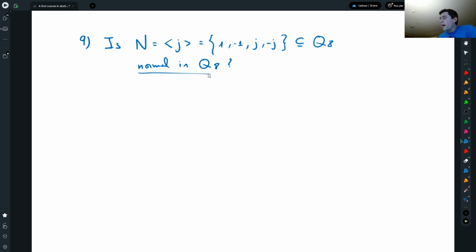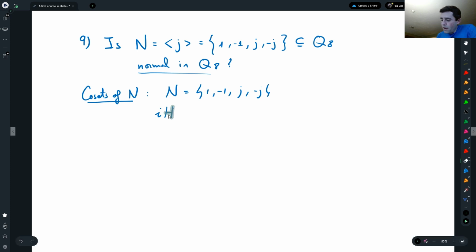And to do that, let's look at, first of all, what are the cosets of N? Well, the coset N itself is 1, minus 1, j, minus j. And then there are other cosets. For example, I is not in N, so this will be a new coset.